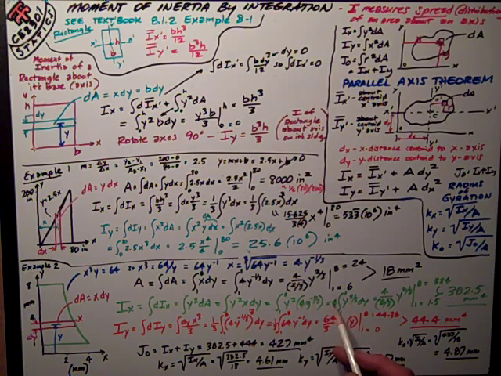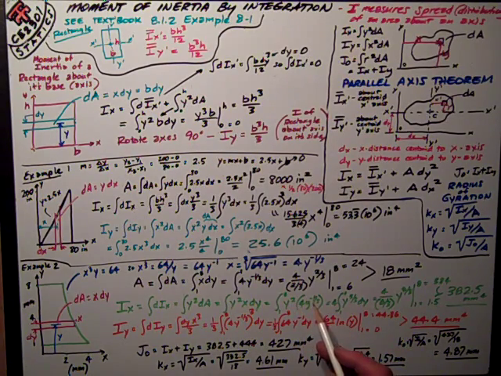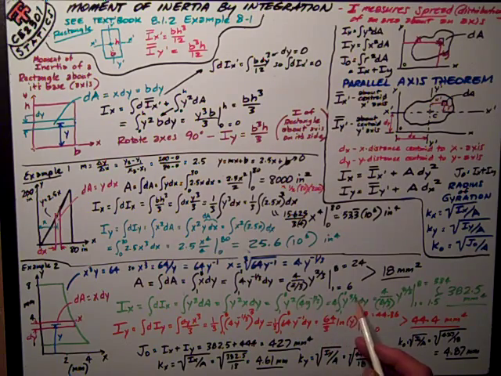Combining my y terms and bringing the 4 outside the integral sign, y squared times y to the negative 1/3 is y to the 5/3 power. So evaluate that. 4 times the integral of y to the 5/3 dy is equal to 4 over 8/3 y to the 8/3 power.